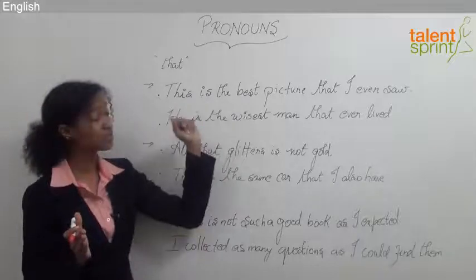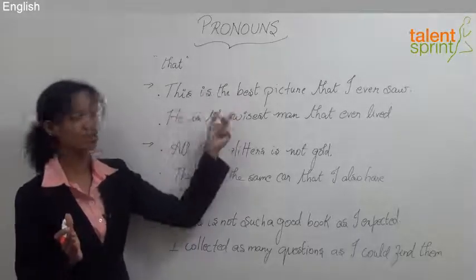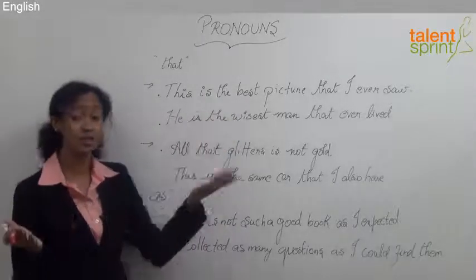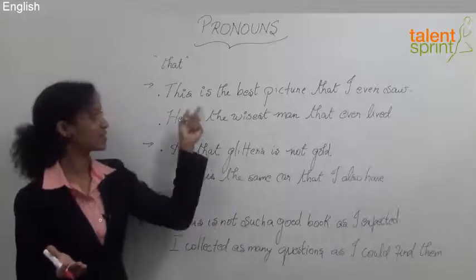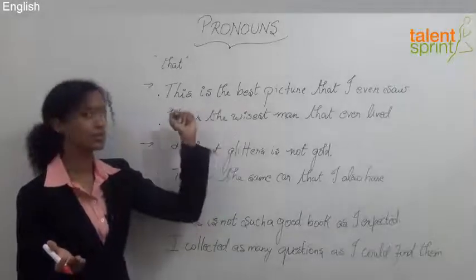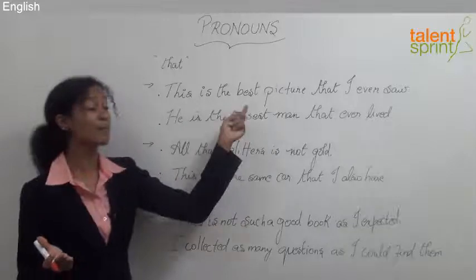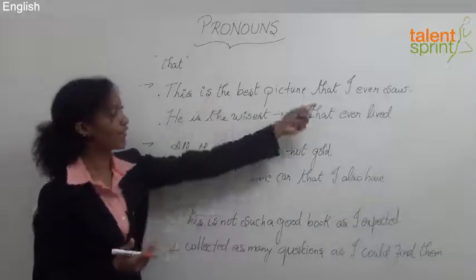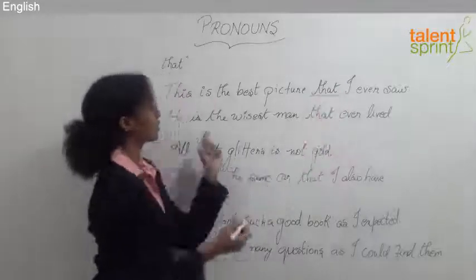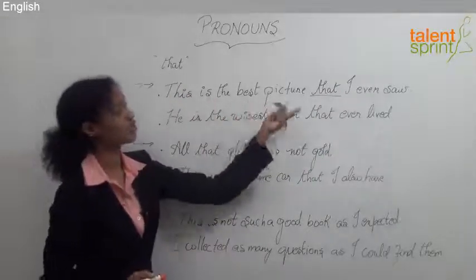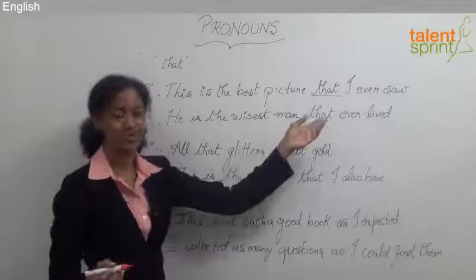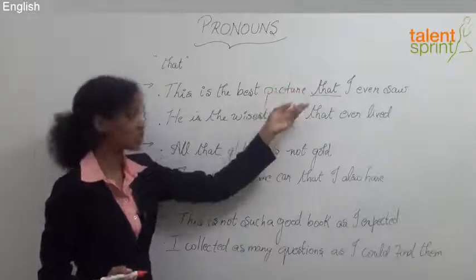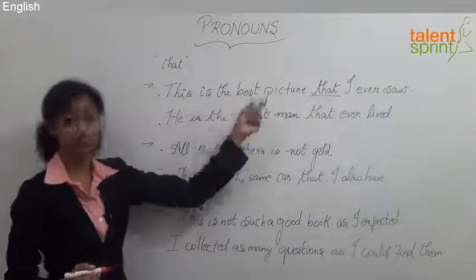This first clause is in the superlative degree. What is the superlative degree? It doesn't say good, it doesn't say better, it says the best. So I understand this is in the superlative degree. Now that replaces what here? I can say, this is the best picture which I ever saw. So here that is replacing the word which when the first clause is in the superlative degree.